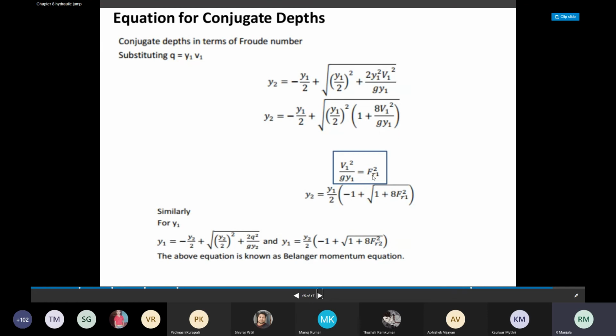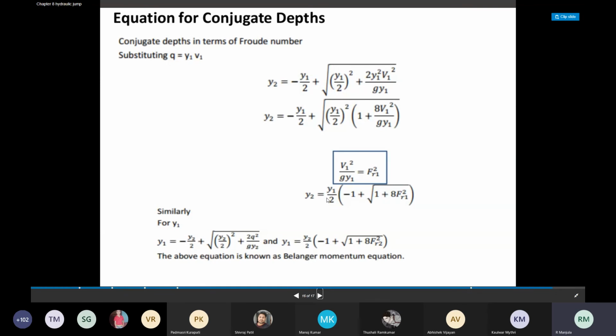But what is the Froude number? I told you Fr is equal to v1 by square root of g y1. If I square both sides, then Fr square is equal to v1 square divided by g y1. So this v1 square by g y1 is nothing but your Froude number squared, and I can substitute it here.